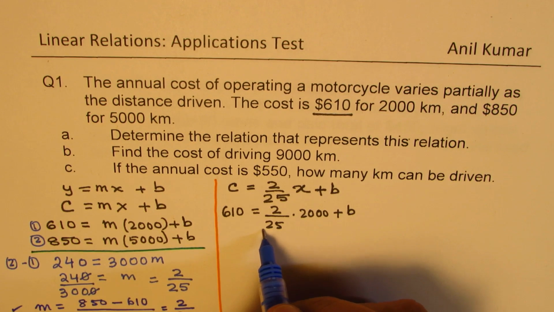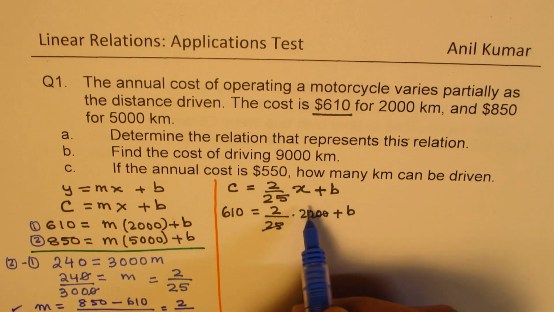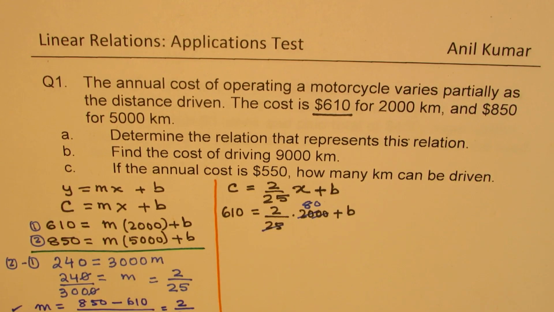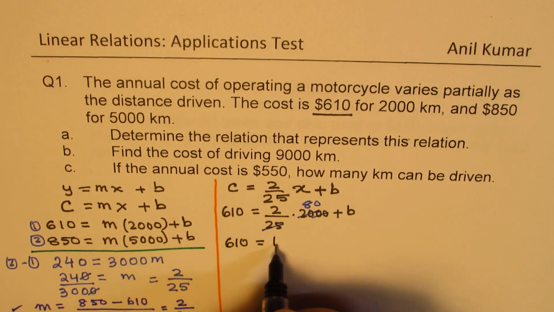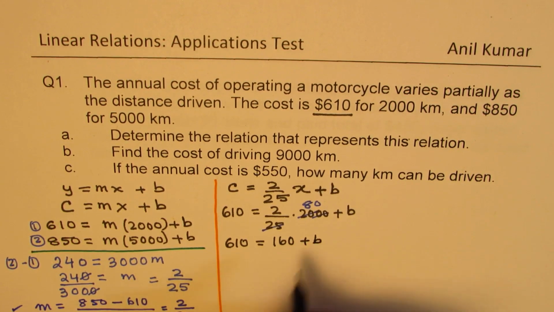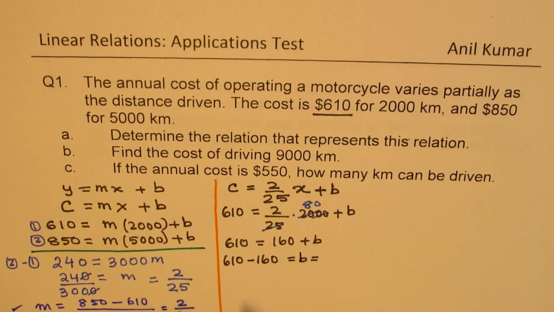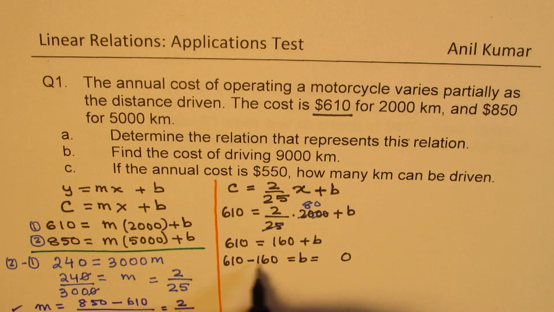Now, 25 goes 4 times in 100, so you get 80 here, correct? So you could write this as 610 equals 80 times 2, 160, plus b, or 610 minus 160 is equal to b, and that is equal to 450.